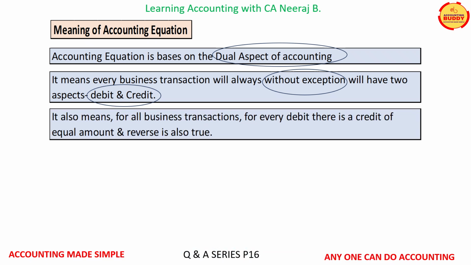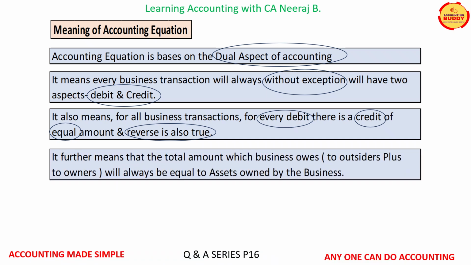It also means that for every debit there is a credit of equal amount, and for every credit there is a debit of equal amount. It also means that the total amount which the business owes to the outsiders plus the owners will always be equal to the assets owned by the business.